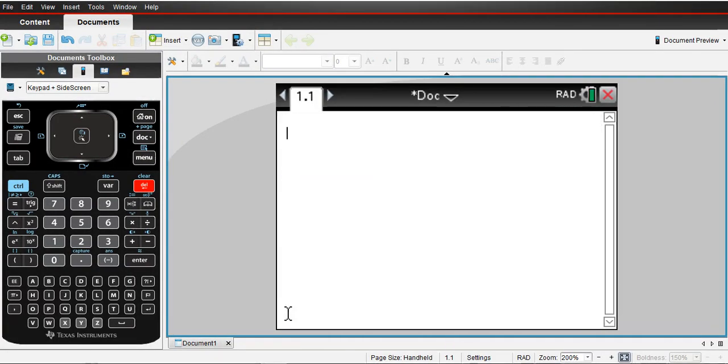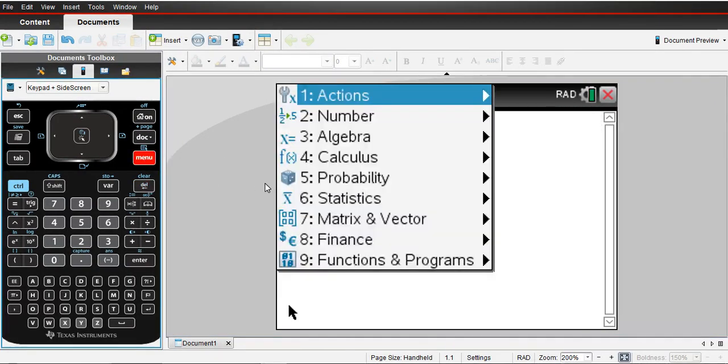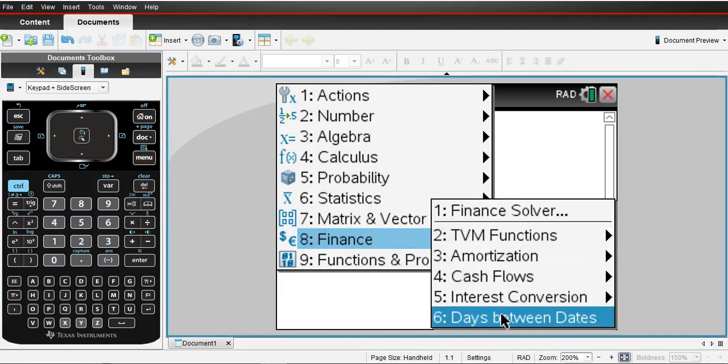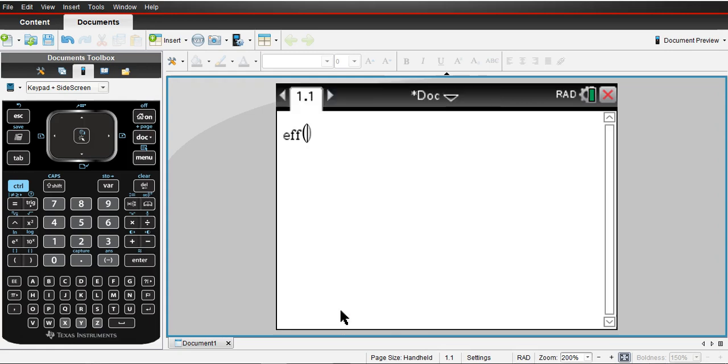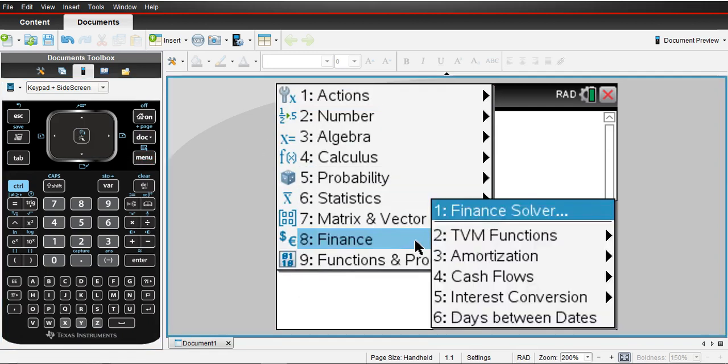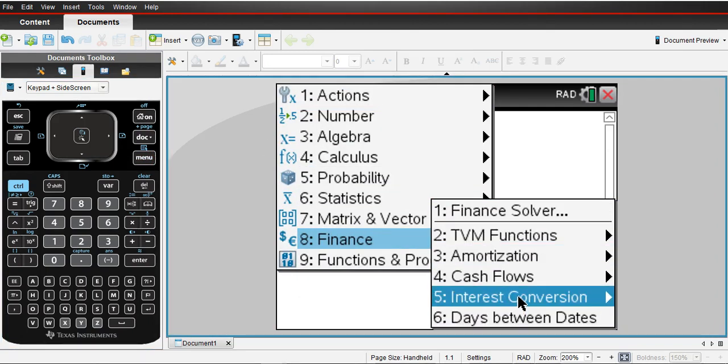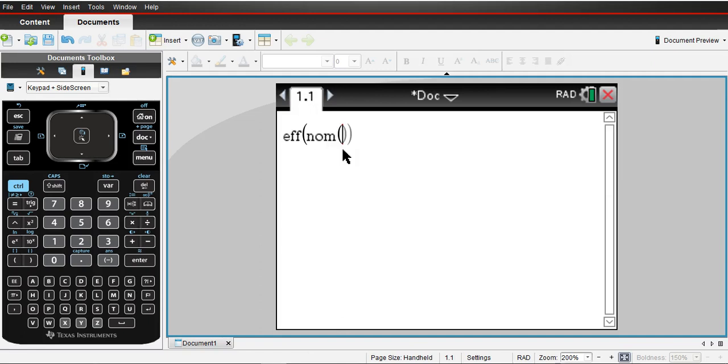Okay, so again, menu, 8, interest conversion, and then effective or nominal. And what you'll see is if I click on effective, you'll see eff with the brackets. And if I clicked on nominal, nom with the brackets. Okay. And you need to put the brackets in to close it as well when you do these.